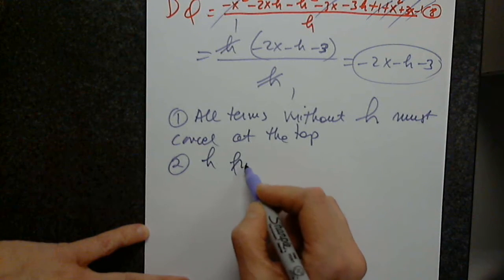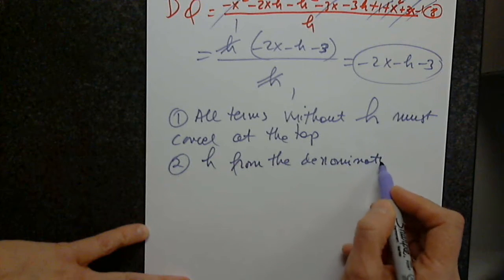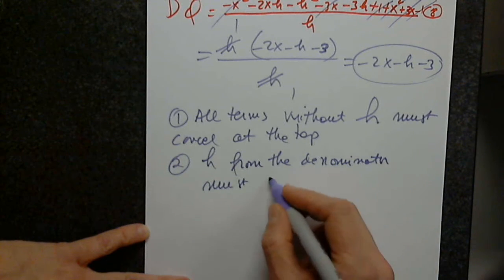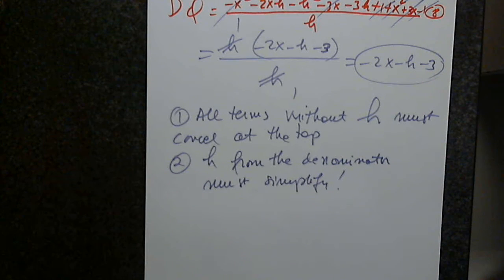The h from the denominator must disappear somehow. Simplify. So one more time, two things have to happen. Number one, for any function, when you calculate the difference quotient, all terms without h must go away from the top, and h from the denominator must go away as well.